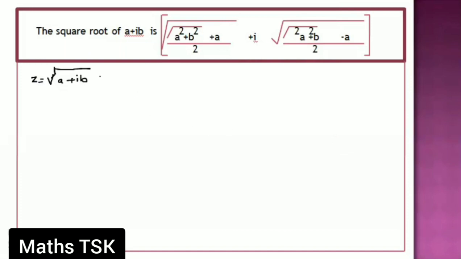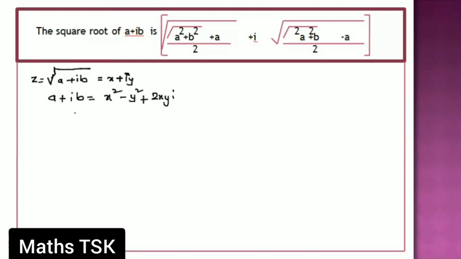Let us consider it as x plus iy. When you square, we get a plus ib is equal to x square, i square y square is minus y square, plus 2xyi.